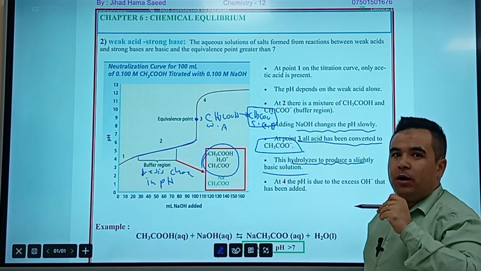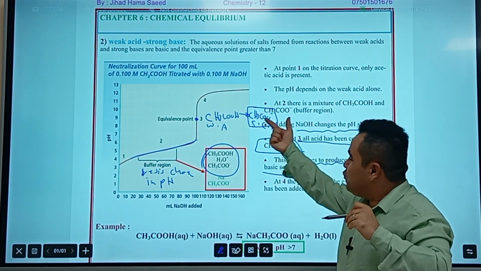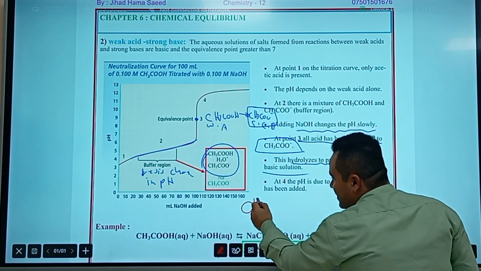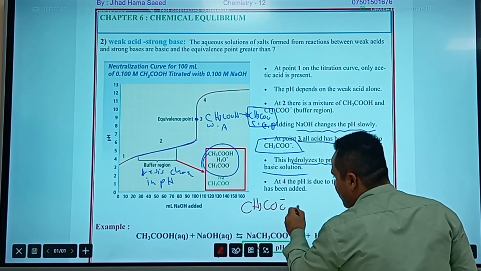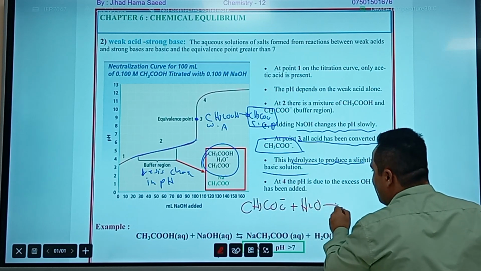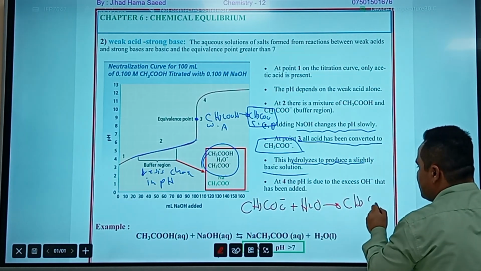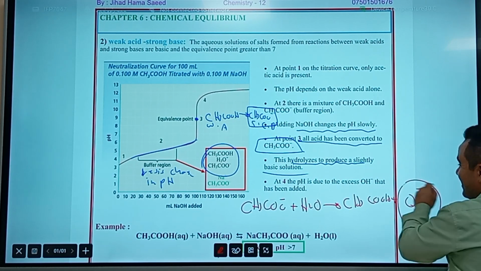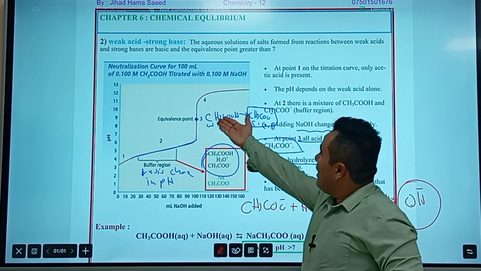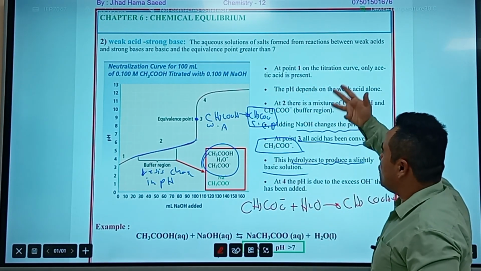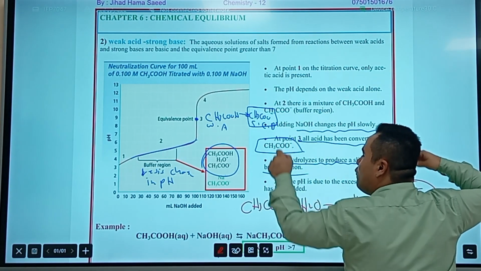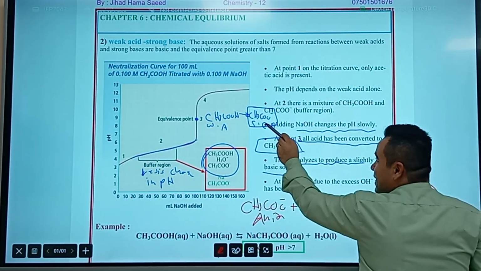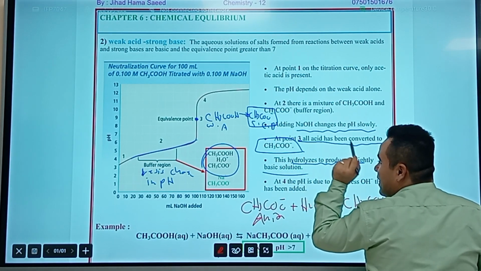We talked about hydrolysis. A strong conjugate base has a tendency to react with H2O and produce CH3COOH plus hydroxide. That's why above this region more hydroxide will be formed due to anion hydrolysis.